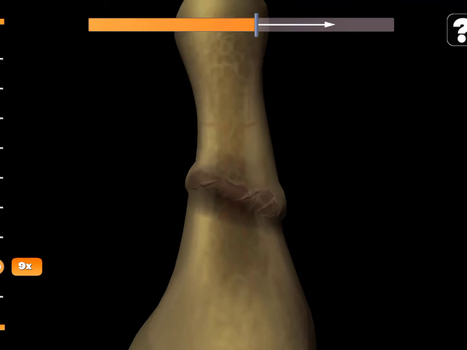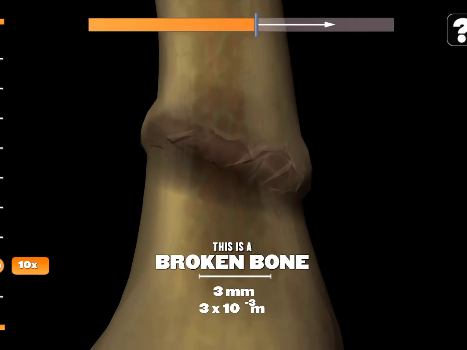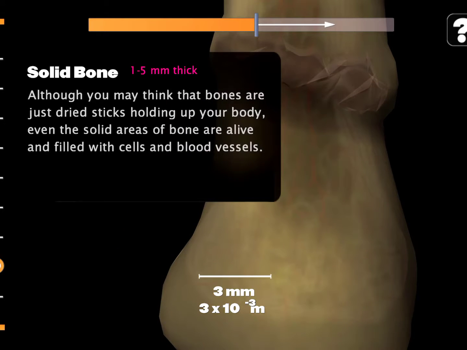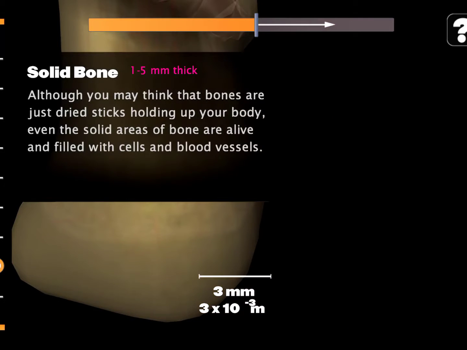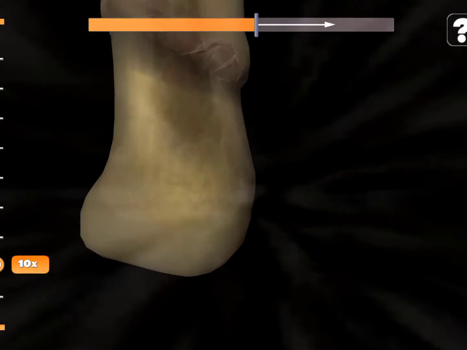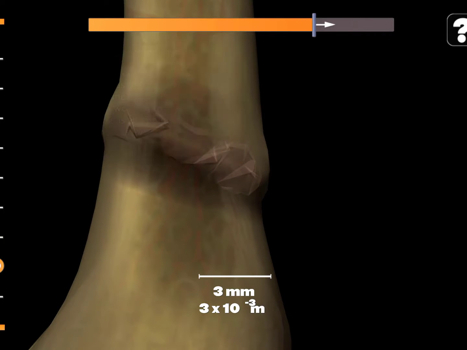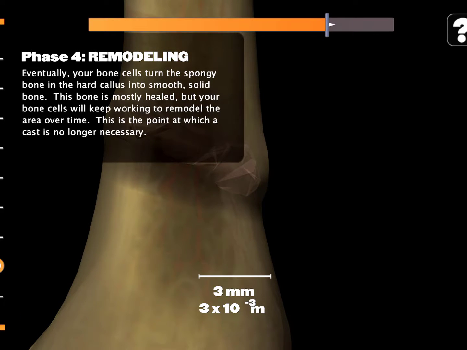If you go to different parts of that bone, you can still see where it's not that solid bone here, but when you tap on this part, it's spongy bone, or more spongy bone. When we further heal this hard callus, it goes through remodeling.